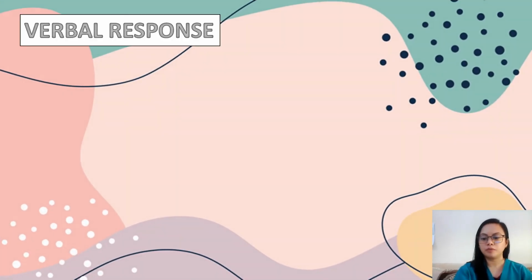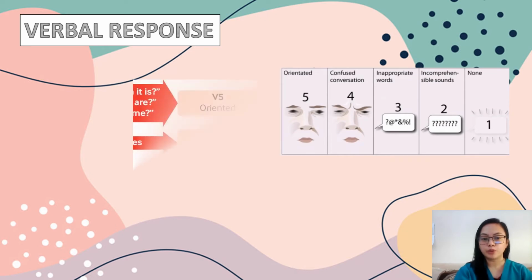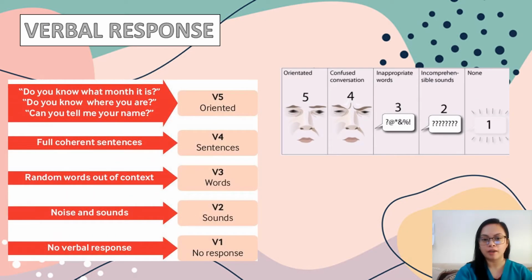Now for the verbal response, the maximum score you can give here is 5. You score the patient 5 if he is oriented, in a way that he will be able to answer all your questions appropriately. Like you ask, "Do you know what month it is?" If he answers the correct month, then you score him 5.